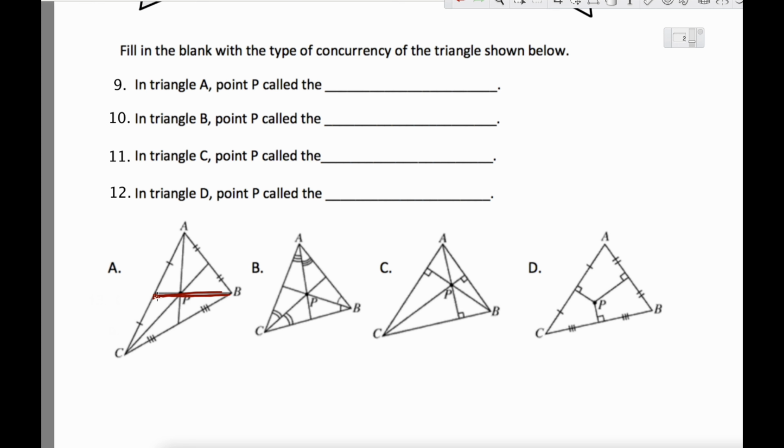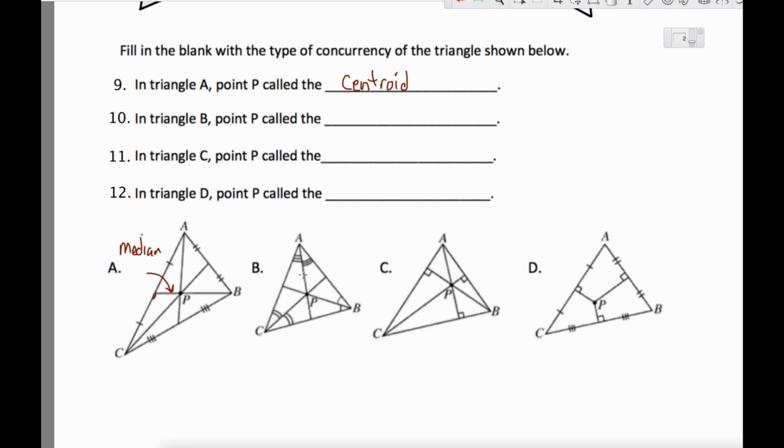This segment right here, what's happening? It's going from the midpoint to the opposite vertex. Well, this is a median, these segments are all medians right here. So where do the medians intersect? They intersect at the centroid. Centroid is also where we have the center of gravity of the triangle.